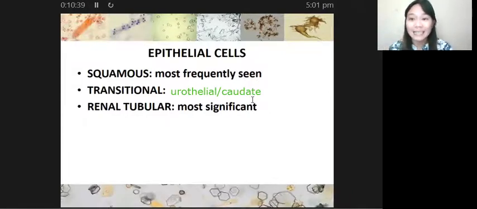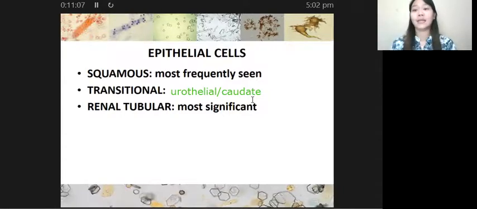Least frequently seen, we have your renal tubular epithelial cells. However, take note that their presence in your urine sample is considered significant. Out of the 3 epithelial cells which may be present in your urine sample, the most significant is your renal tubular epithelial cell.